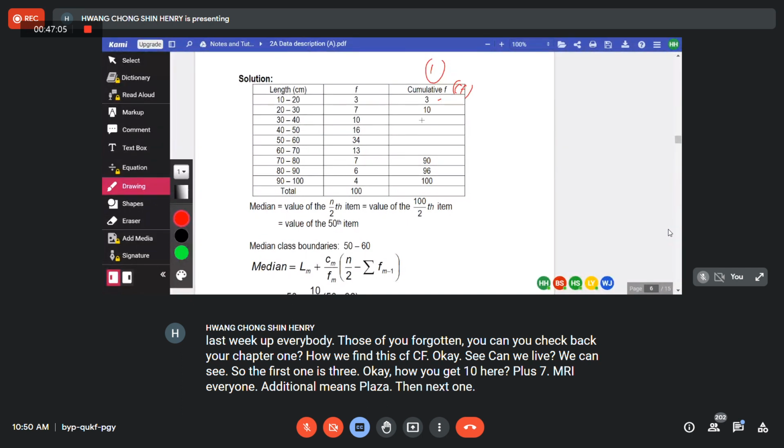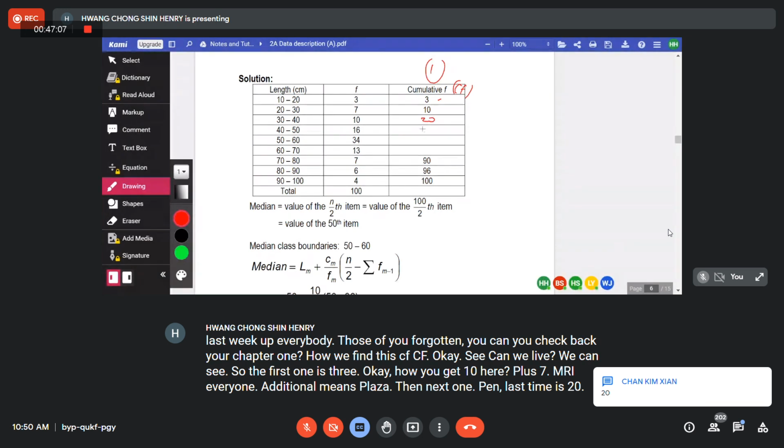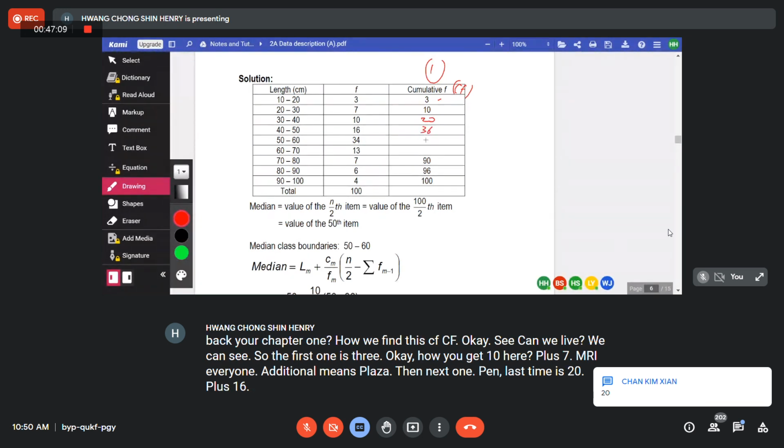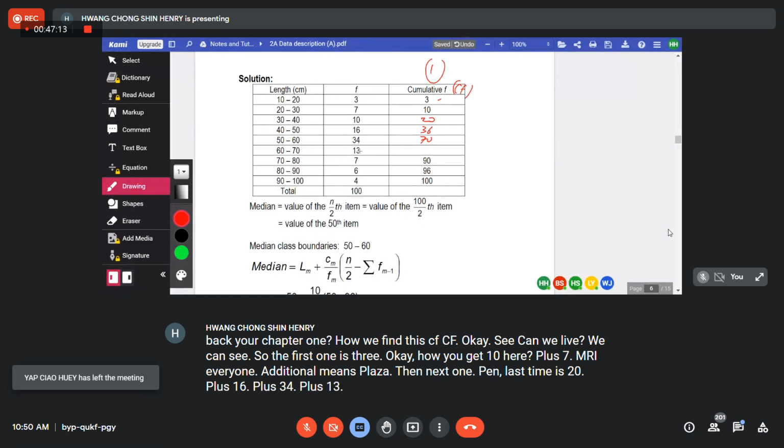Then next one, 10 plus 10 is 20, plus 16, 36, plus 34, 70, plus 13, 83, plus 7, 90, plus 6, 96, plus 4, 100.